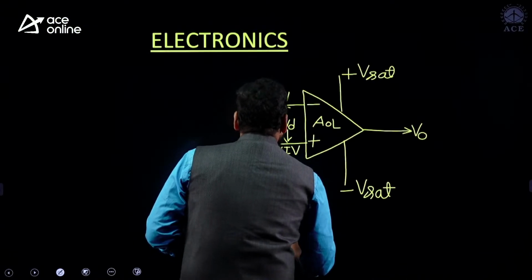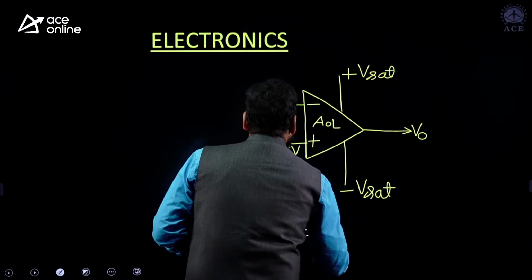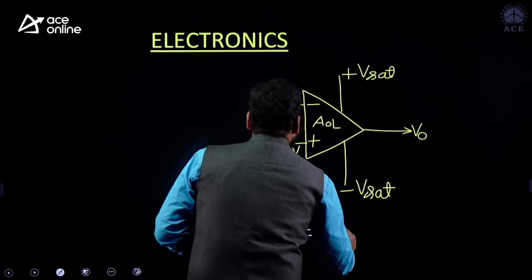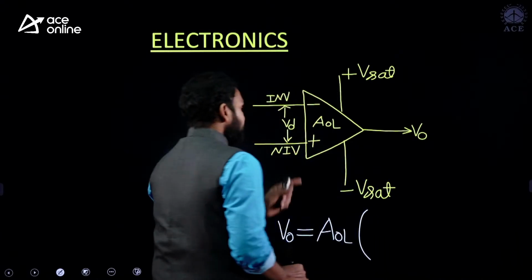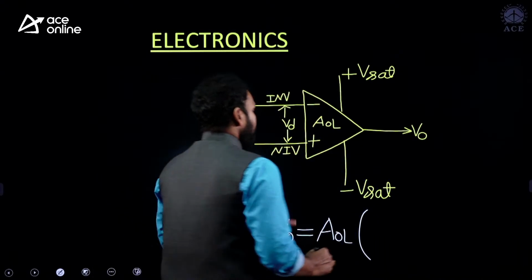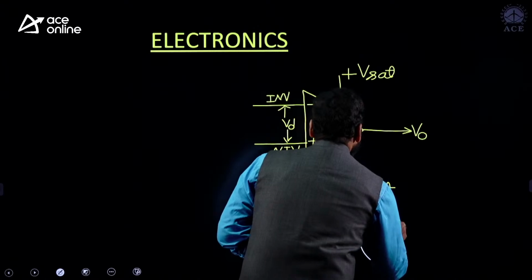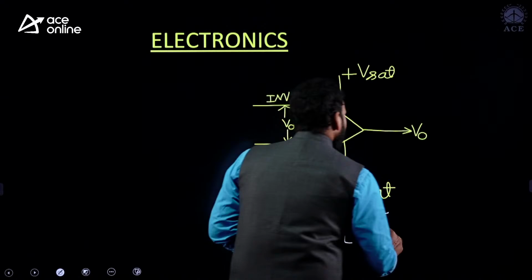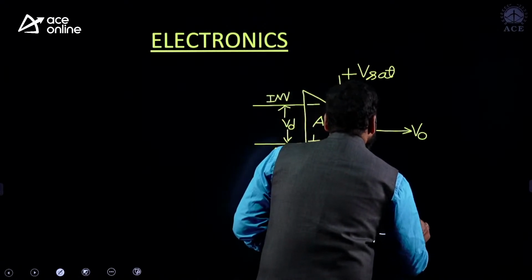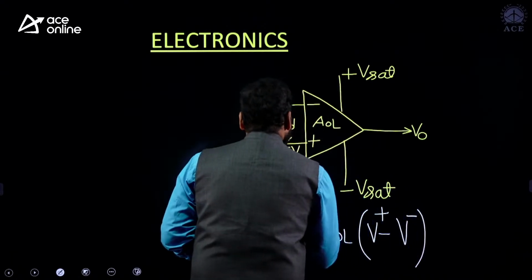Output voltage V0 is equal to open loop gain, also called differential gain, into the difference of input terminals. I am writing it as V plus, the voltage at the non-inverting terminal, minus V minus, the voltage at the inverting terminal, right?